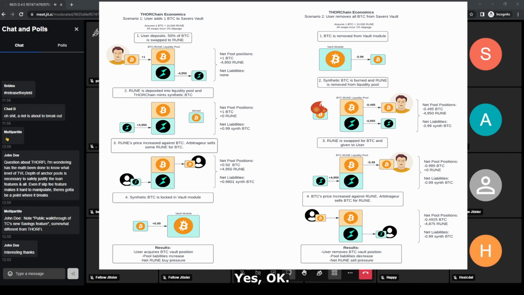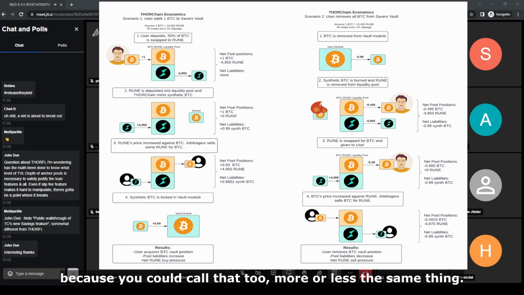Yes. Okay. So the savings vault is, or another way you could call it an interest account, more or less the same thing. But the idea is that you can deposit a layer 1 asset that's external to the THORChain network. So RUNE itself does not work for this purpose, but you can use Bitcoin and Doge and ETH and other assets, and the network itself will earn you a yield on that asset without exposure to any other assets.